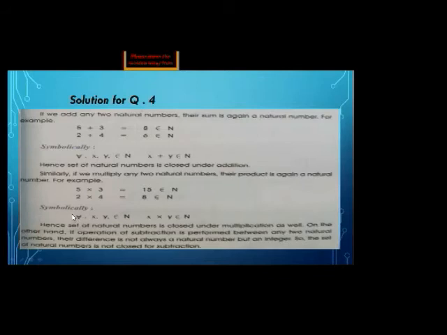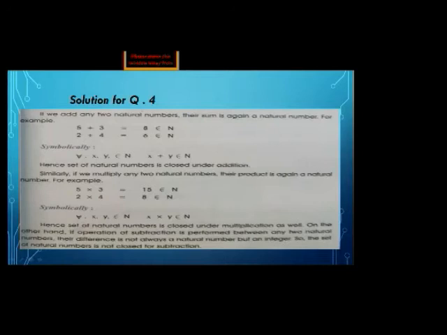Symbolically, for all x and y belongs to N, x multiplied by y belongs to N. Hence, the set of natural numbers is closed under multiplication as well.